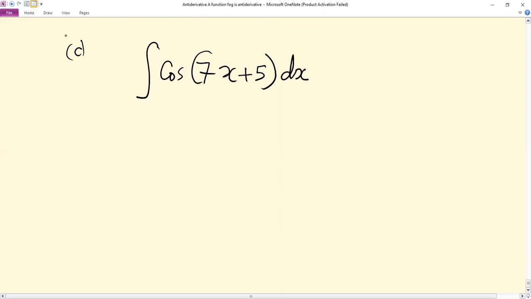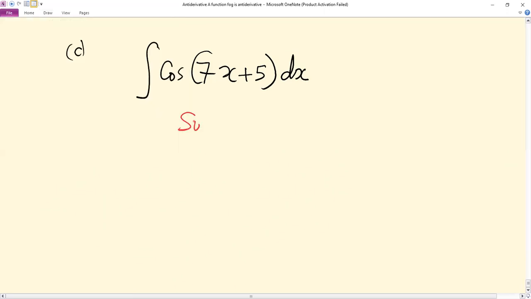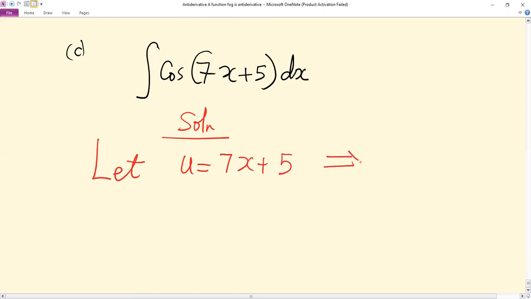So we say let u to be 7x plus 5. So which means du will be 7 dx. And dx alone will be, you divide through by 7, so du over 7.